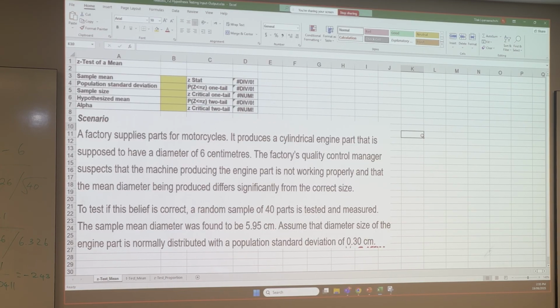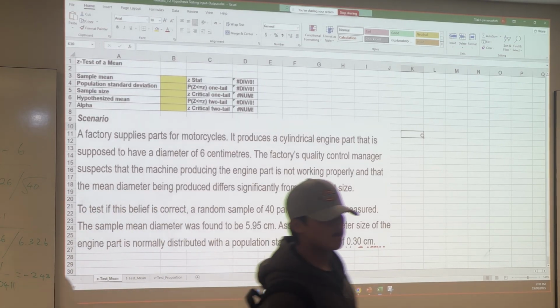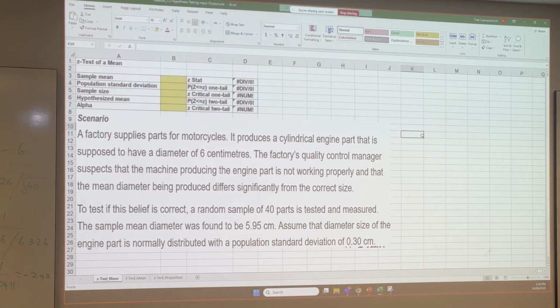Can you go to the Excel and see the same Excel? Go to the other page and put some numbers. Put 6, same thing, 6, enter. Yes, 2, let's do.